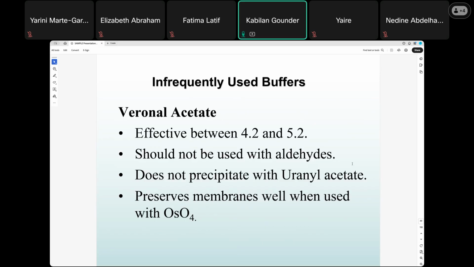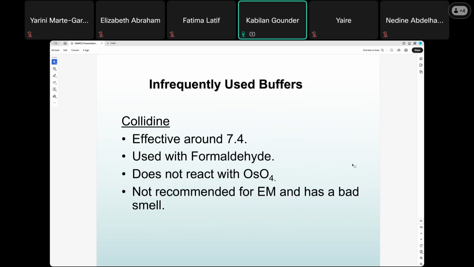Osmium tetroxide is one of the fixatives, and we will discuss it in the electron microscopy sections. Also collidine is another buffer, which is effective around neutral pH, and again we use this for formaldehyde. It does not react with osmium tetroxide, so we cannot recommend this for electron microscopy.